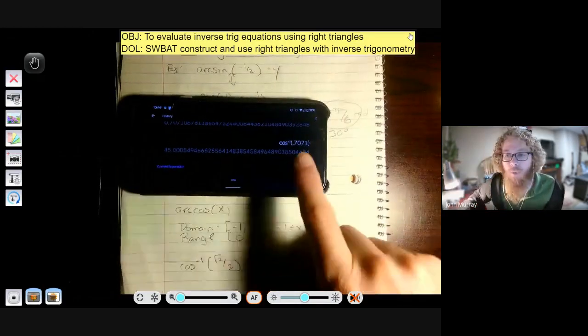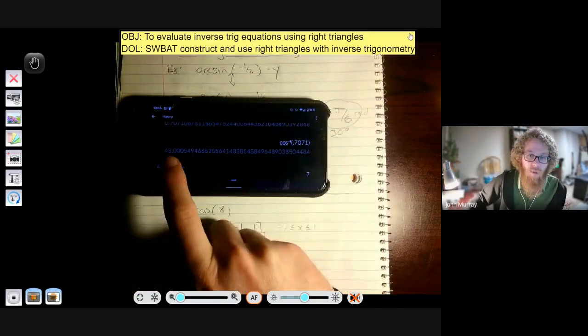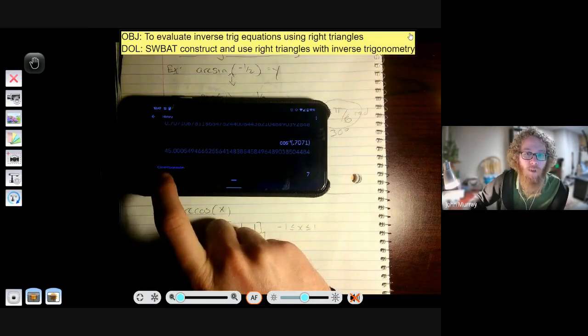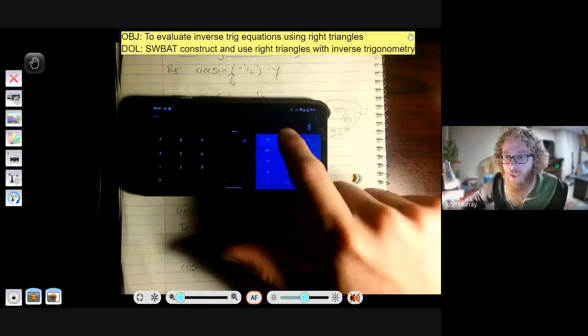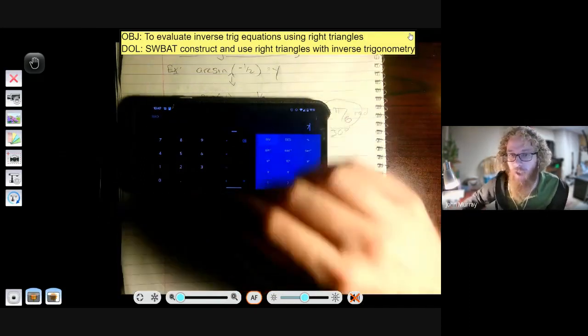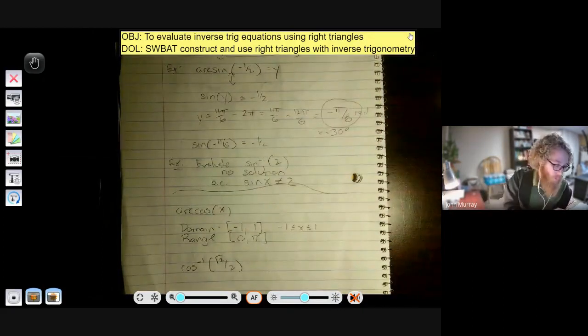Because I rounded what I plugged in, it's not going to give me an exact answer, but this is very, very close to that 45 degrees, which is what we just found. Or if we were in radians, I would do the same thing and get the answer. I don't want to take up too much time though. So there's a couple ways that you can do that. Any questions about that?